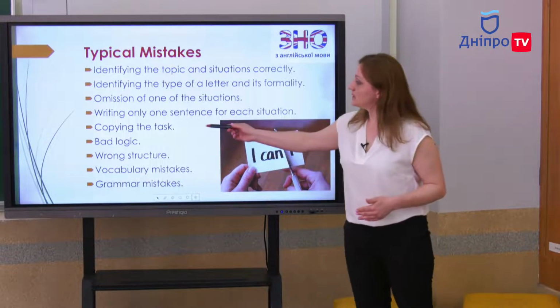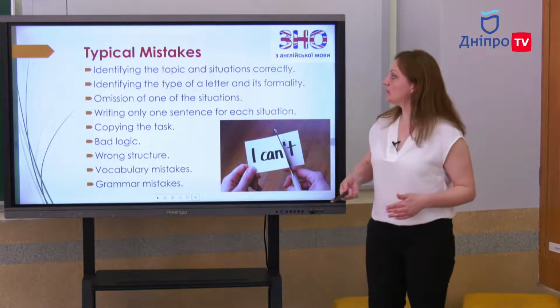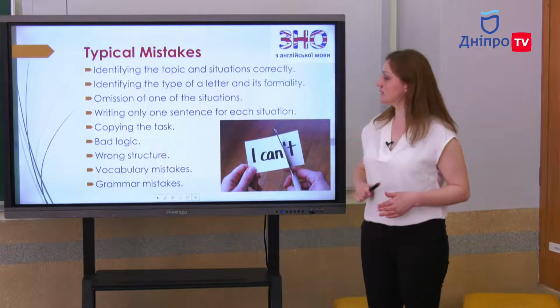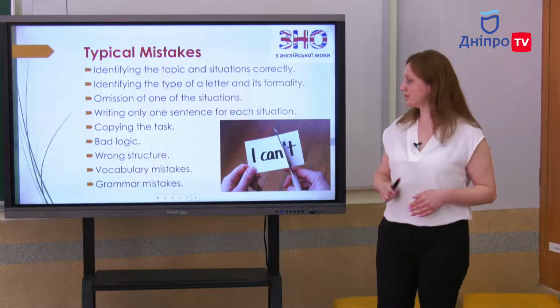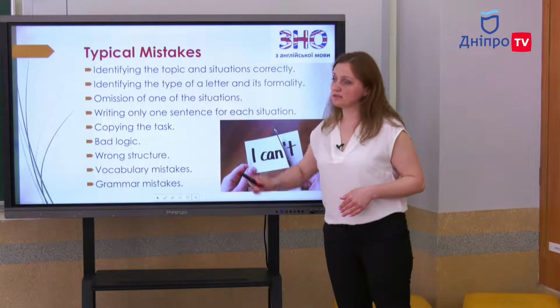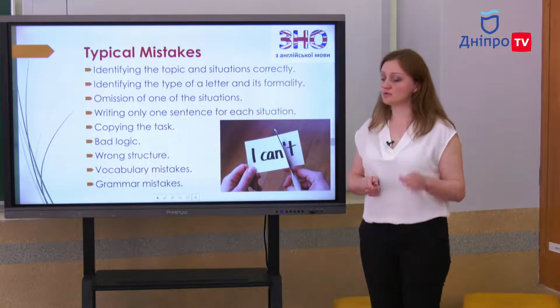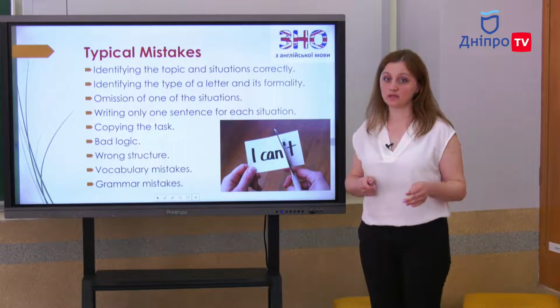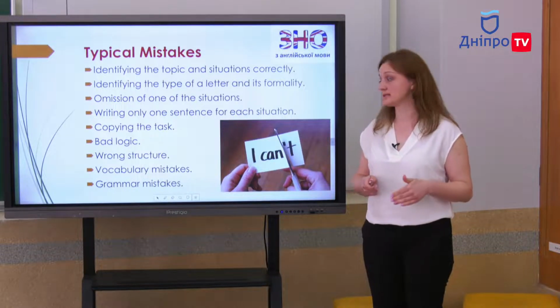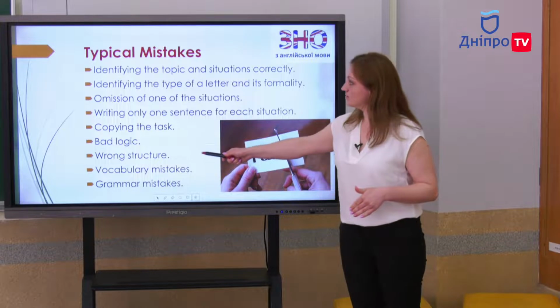The next is copying the task. It is when you copy the task itself, then you will get 1 point for logic. Then if you have bad logic, what does it mean? If you do not have enough linking words, or they are from another style. Then wrong structure.